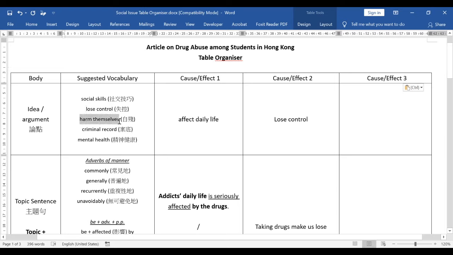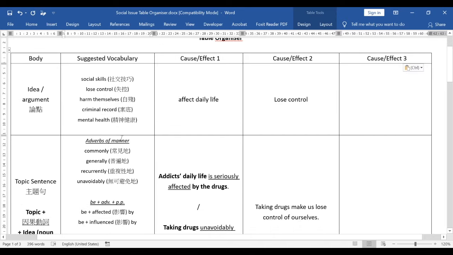Some people, after they take drugs, harm themselves, and also they could get a criminal record and cannot take some jobs, and also it's harming their mental health. So there are a number of possible sub-ideas, smaller examples.